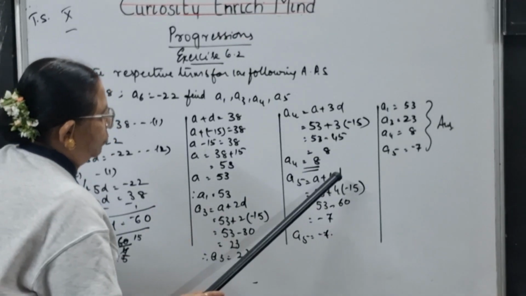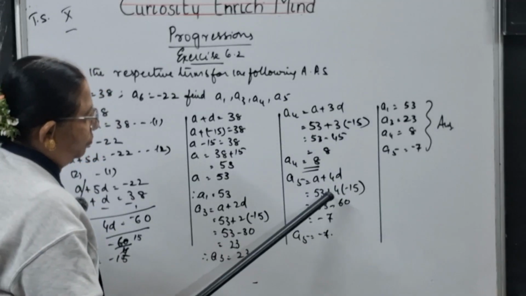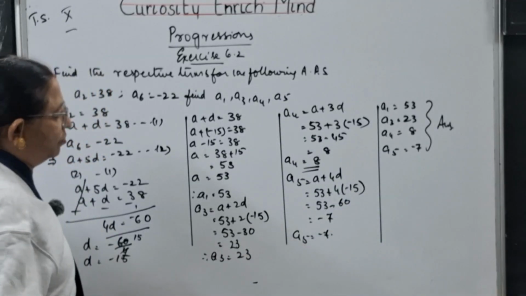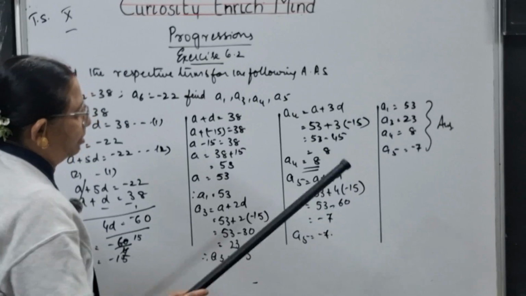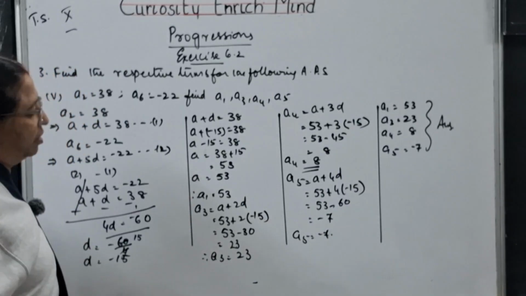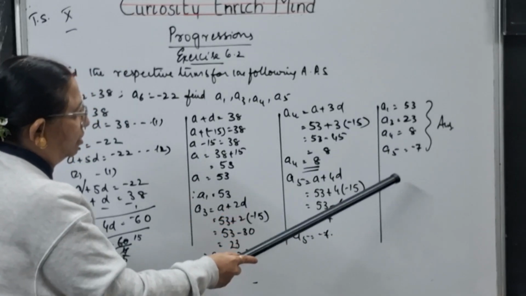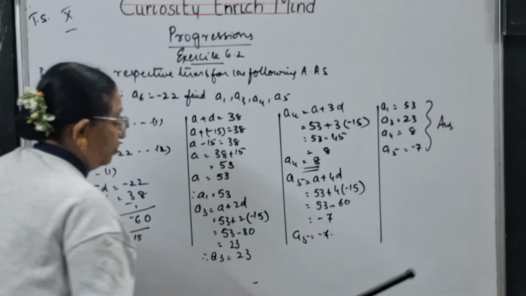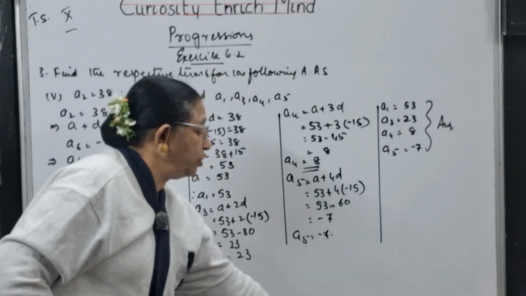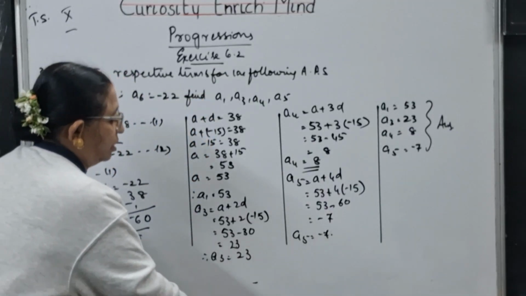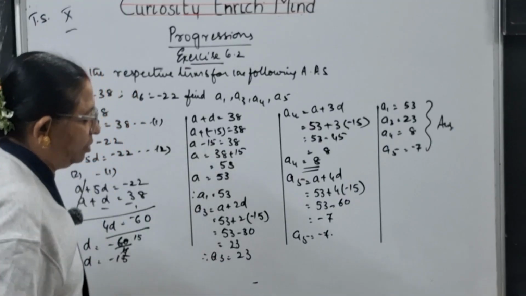A4 is 8. A5 is A plus 4D, 53 plus 4 into minus 15, that is 53 minus 60, that is minus 7. These are the answers that we have got, children. A1 is 53, A3 is 23, A4 is 8, A5 is minus 7.